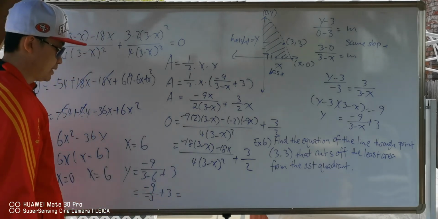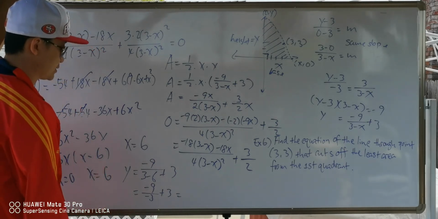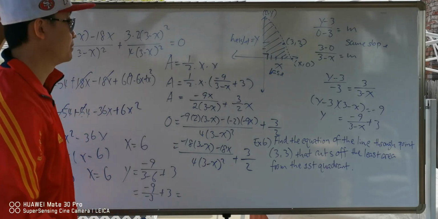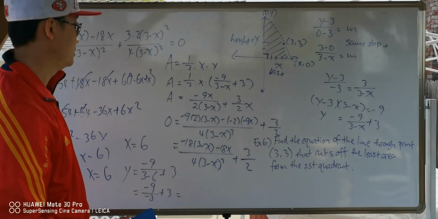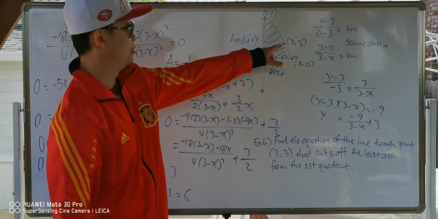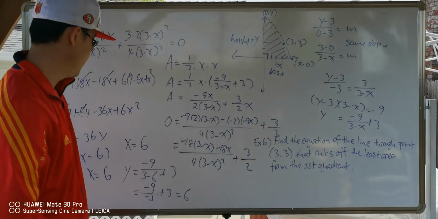Again, as you can see, this one turns out to be 0. Well, actually, it's going to be 6. So 3, 3, 6, 6. Well, 3, 3, that's just the point. 6, 6, that means it's the base and the height of the triangle.